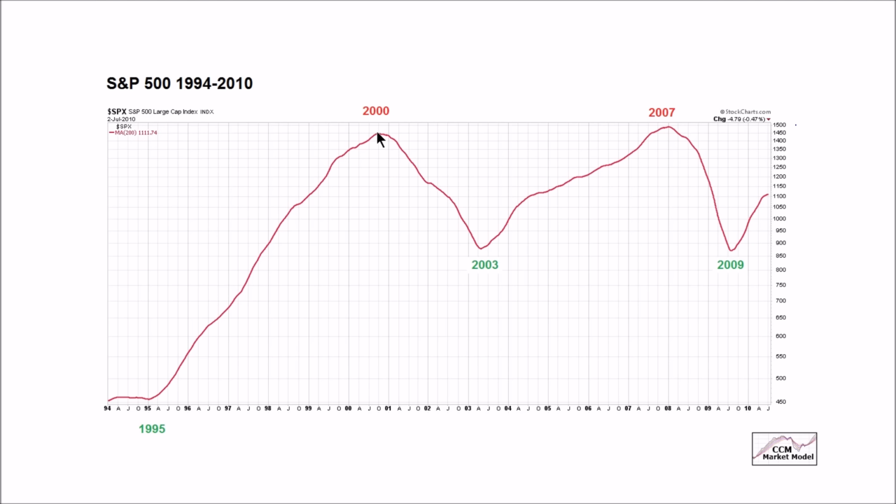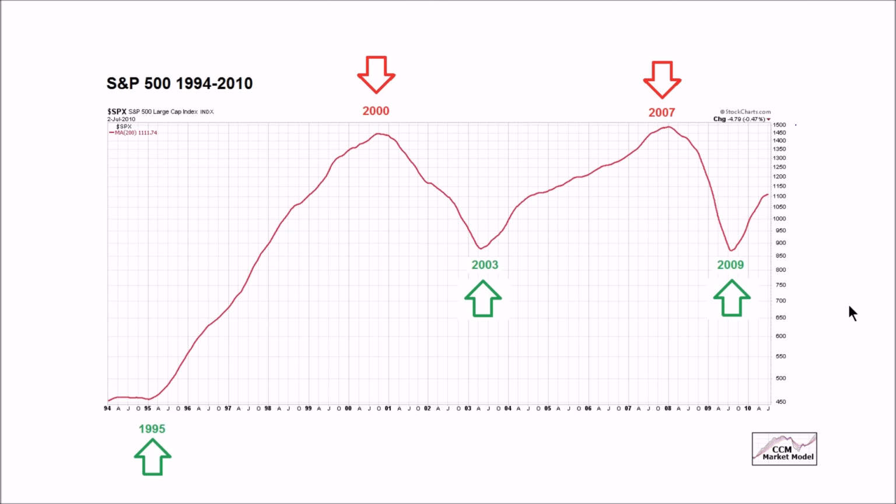Things get a little bit indecisive when it flattens out, and the probability of bad things happening increases when that 200-day moving average rolls over, as it did in calendar year 2000 and as it did in calendar year 2007. Conversely, the probability of good things happening increases when that 200-day turns back up, as it clearly did here in 2003 and again in 2009.